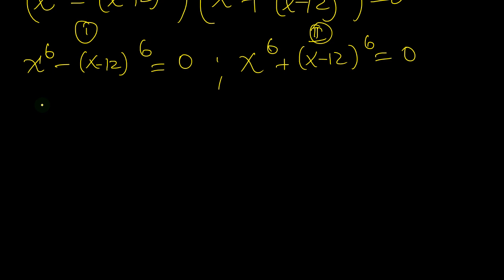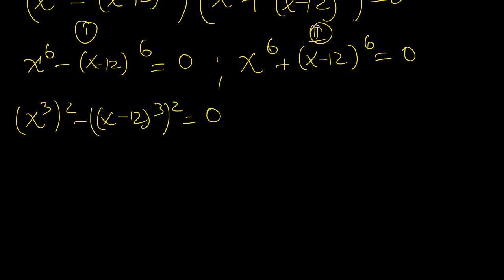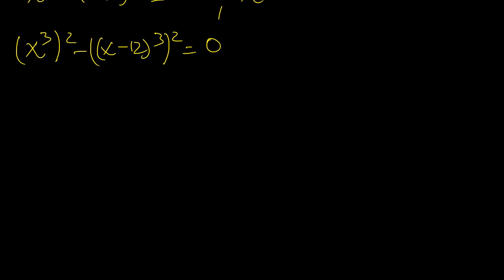So case 1 here, guys. Solving this, I'm going to factor it. I'm going to write this as (x to the 3) squared minus ((x minus 12) to the 3) squared. We're doing the same thing we did before, just following some steps because I don't want to rush.